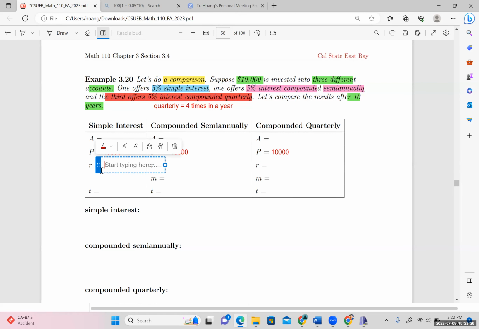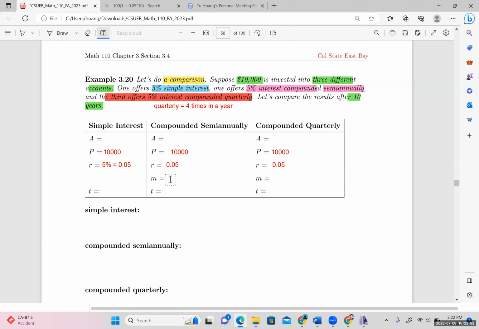We have the rate of the first one is 5%, which is the same as the second one. So I'm going to change all of them to be 0.05 in decimals. But the first one is simple interest, so we don't have any compounding.